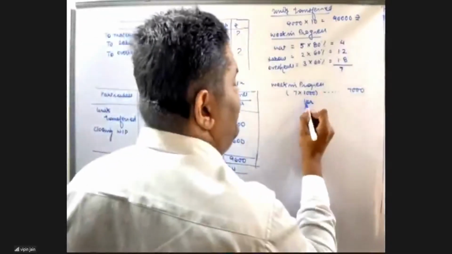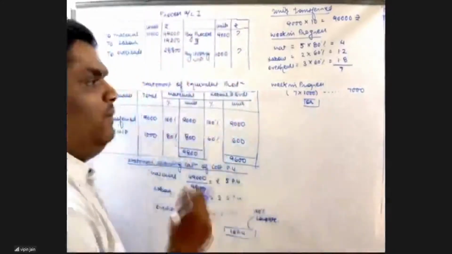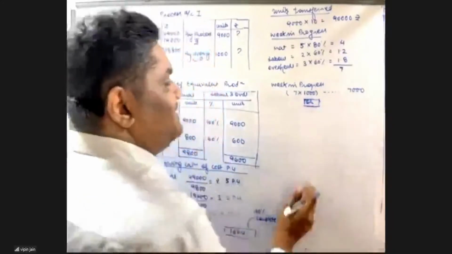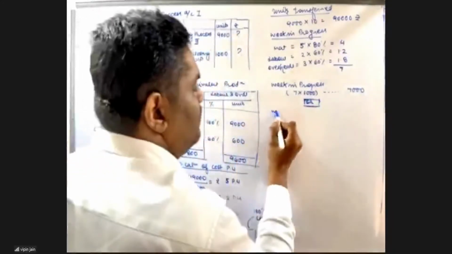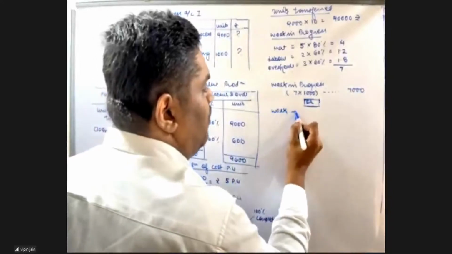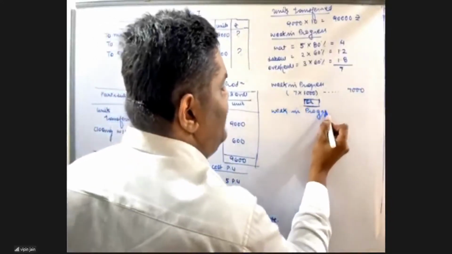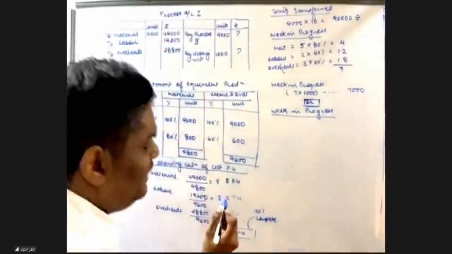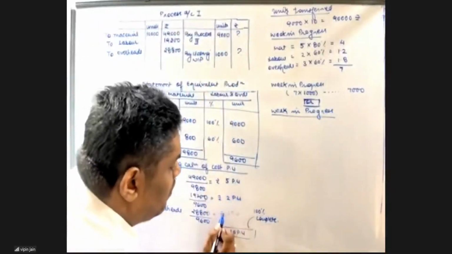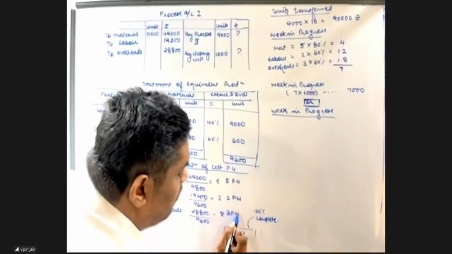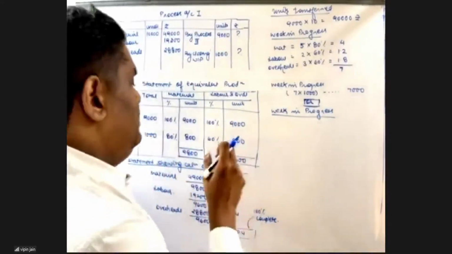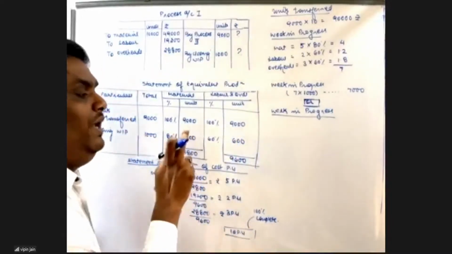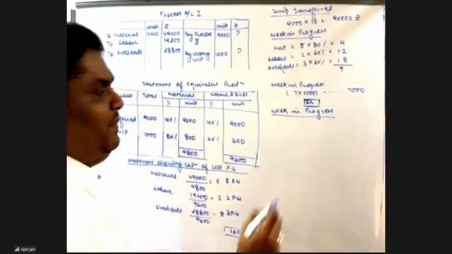Now, alternatively, we can calculate this work in progress. There is one more way to calculate work in progress that I have discussed. And this method is recommended also. So guys, as I told you, the cost of 1000 units that are 80% complete will be equal to 800 units that are 100% completed.